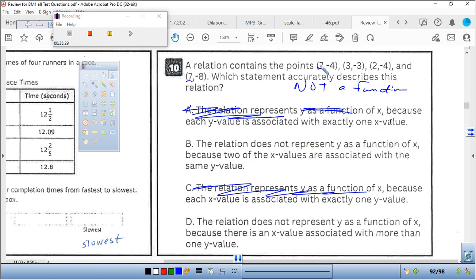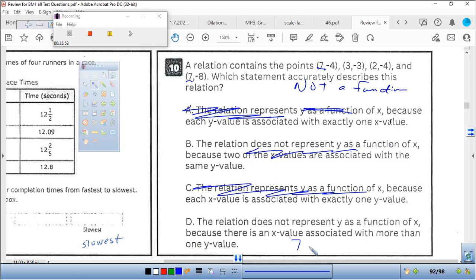You see that the same 7, the same x, goes to two different numbers. Let me see. Because two of the x values are associated with the same y value. No, they're not going to the same y value, and it's the same x value. So I think that's wrong. Let's check this out. It does not represent a function of x because there is an x value, which is 7, associated with more than one y value.